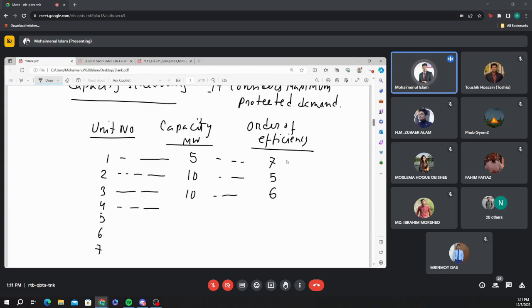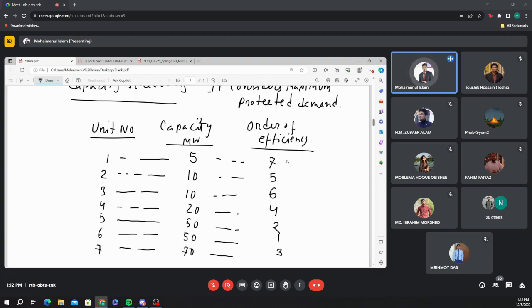Maybe another 20 megawatt generator, with efficiency order 4. The fifth generator has 50 megawatt capacity, order of efficiency 2. The sixth generator has 50 megawatt capacity, order of efficiency 1. And the last one has 70 megawatt capacity, order of efficiency 3.